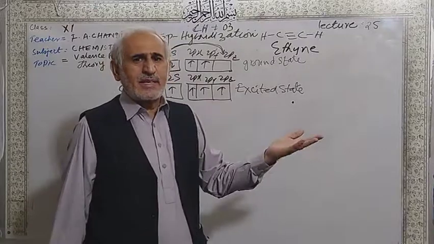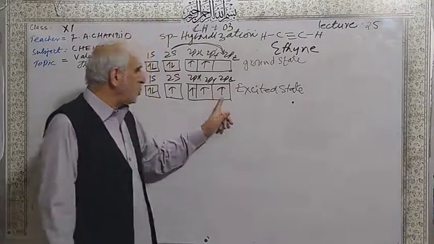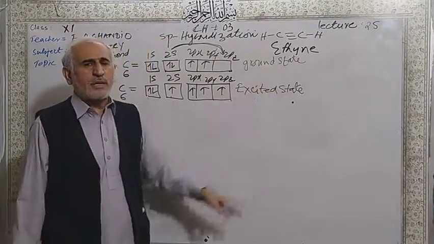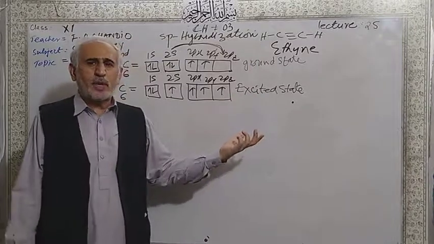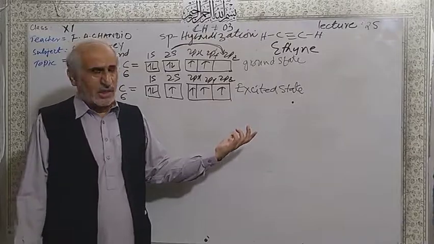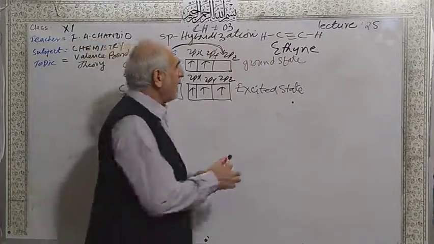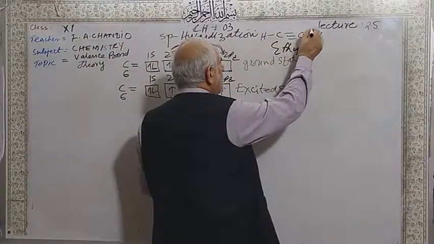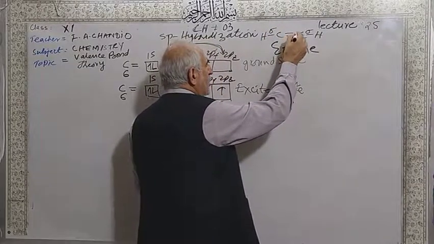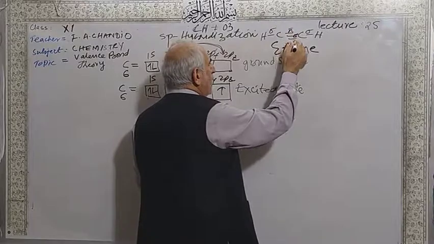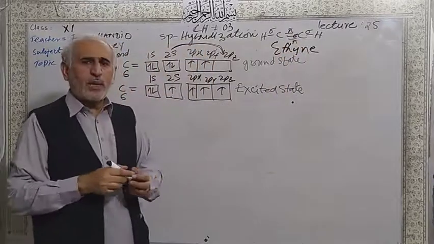So in the previous structure, we separated 2pz. This 2pz was not part of the hybridization. Same case in acetylene: carbon hydrogen sigma bond, carbon hydrogen sigma bond. There is only one sigma bond, which is a rule, and the multiple bonds are there, so 2 pi bonds are there.